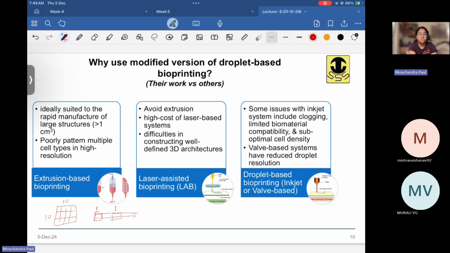It will become quite challenging to do it. That's why it says that it has a poor ability to pattern multiple cells in high resolution. Okay, you can do this. I'm not saying it's impossible to do it, but you will face more problems in doing this. Whereas this approach, which I explained just now, is much easier to do.